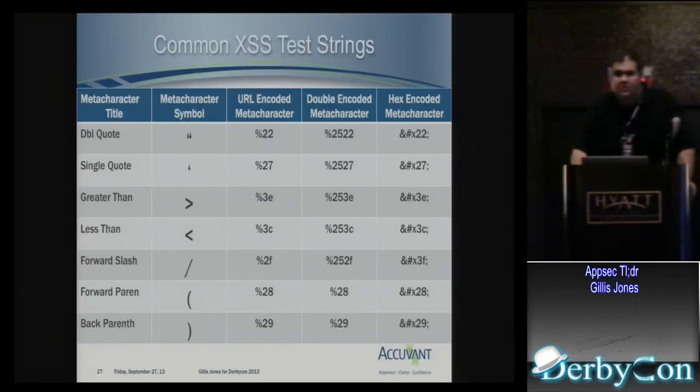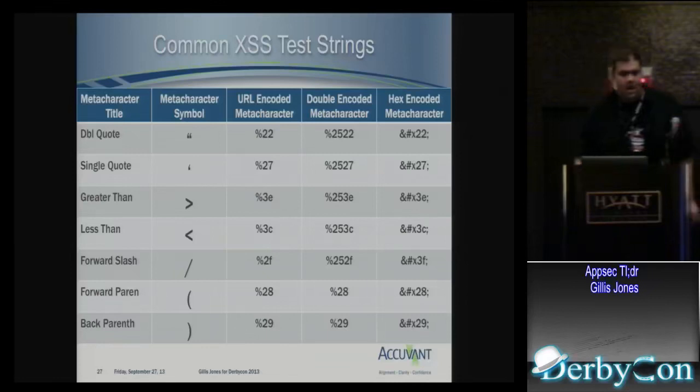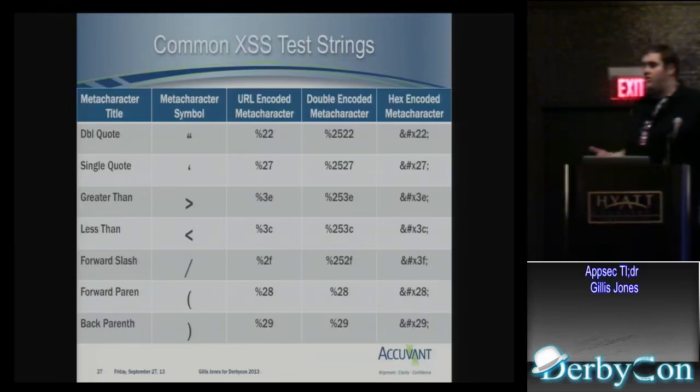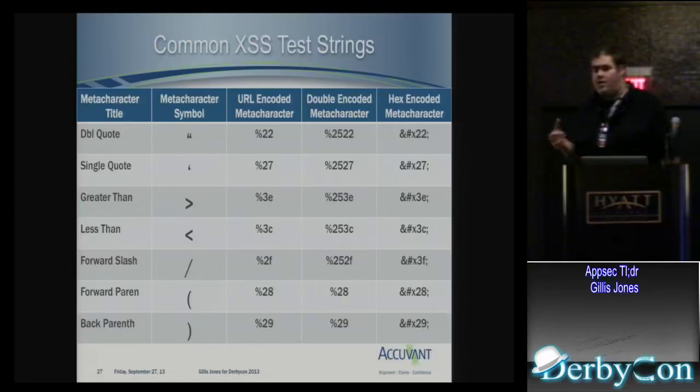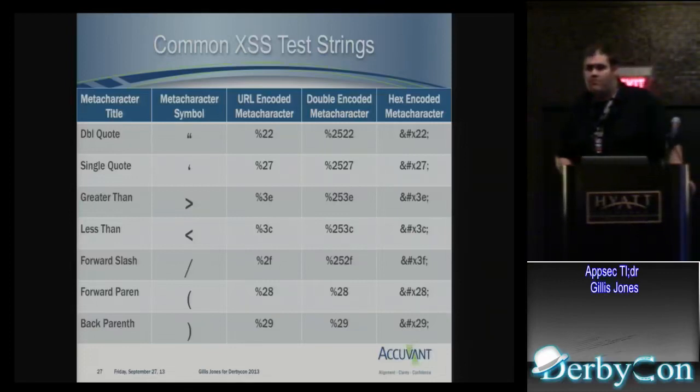Now, a lot of times your input will be output encoded, like I was talking about earlier. And there are different encodings that you as an attacker can use to attempt to bypass that output encoding.